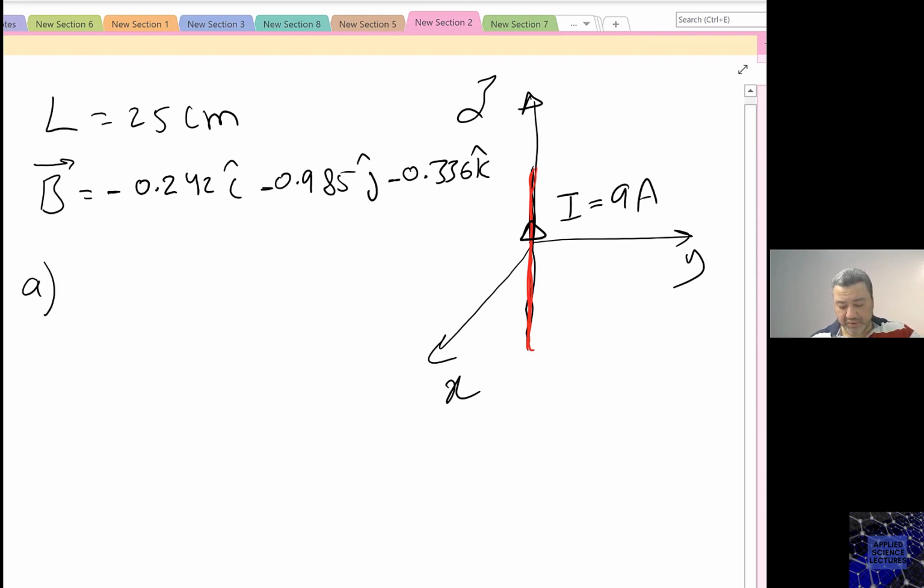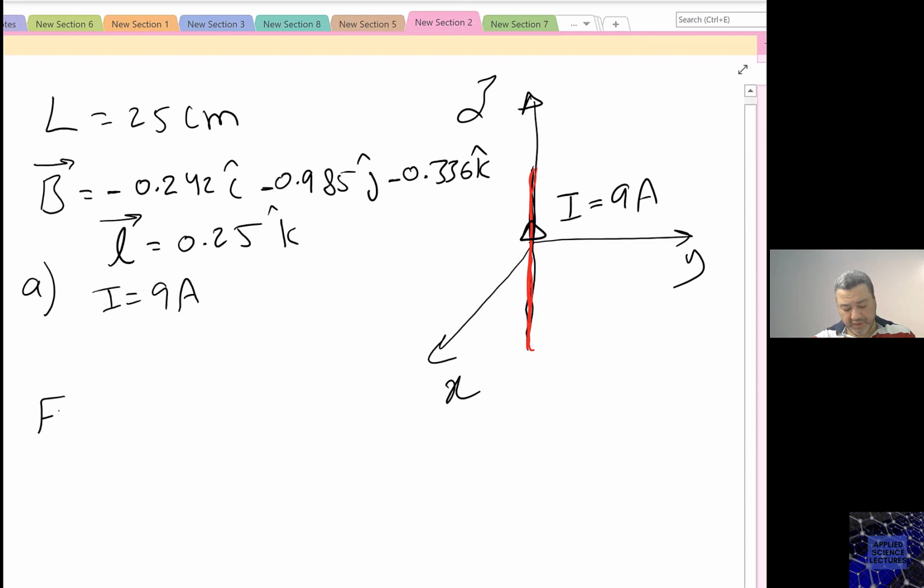find the components. So we have here I as 9 ampere. So L here is 0.25 k hat, and I is 9 ampere.